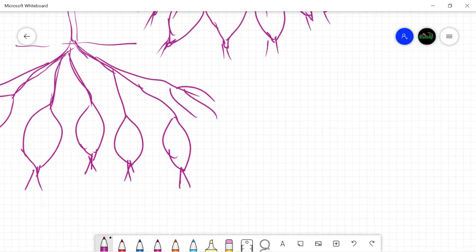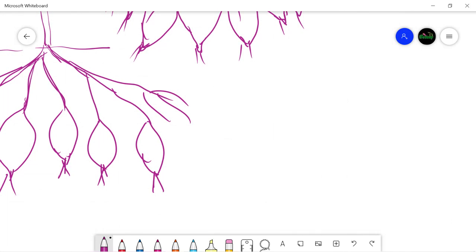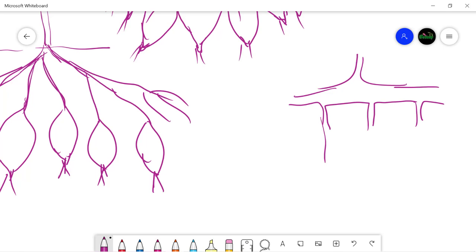You can also draw them somewhat like this. This is the stem, the underground stem, and you can show roots coming out of this underground stem somewhat like this. So these are normal roots with swelling at their tips.